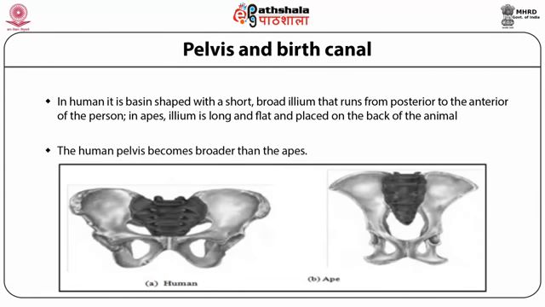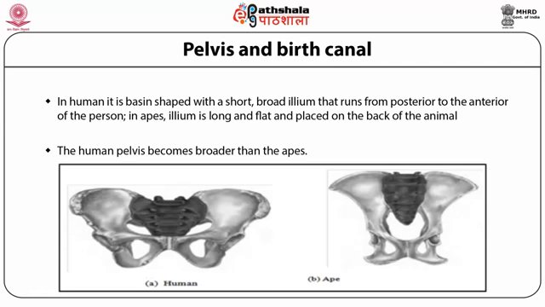This basin-shaped pelvis supports the abdominal organs that have a constant tendency to be pulled down by gravity and hence helps in locomotion. The shortening and broadening of the ilium in humans makes the acetabulum placed closer to the joint between the sacrum and ilium.